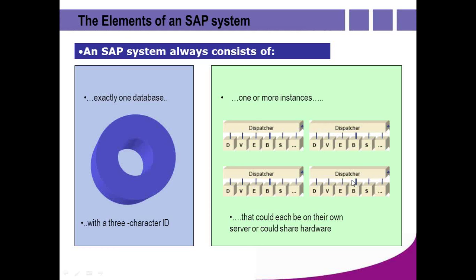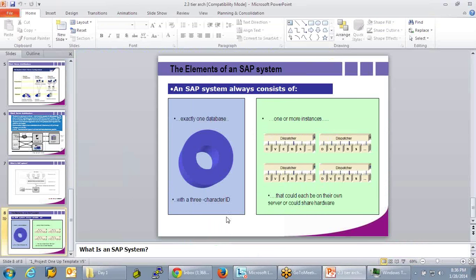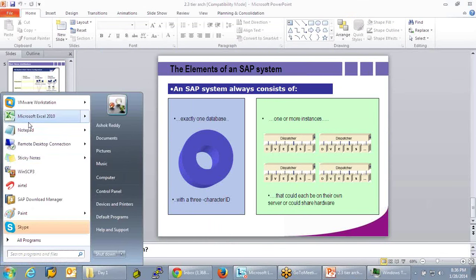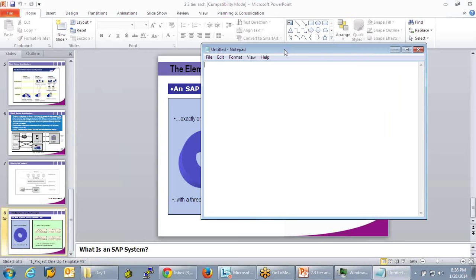Like that, we can go for multiple instances in an application layer. SAP allows us to install a maximum of 98 instances in an application layer. Each instance is identified by its NR. NR means number.